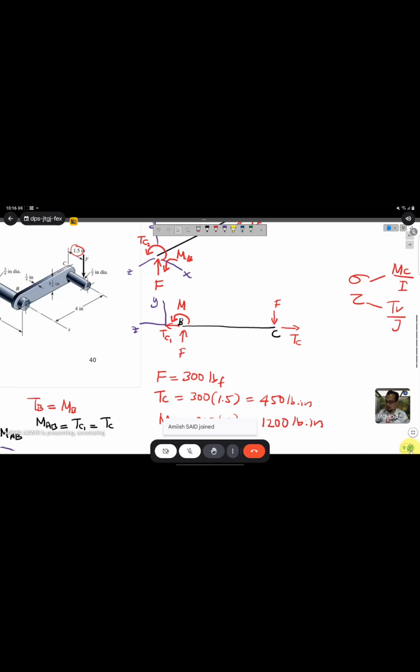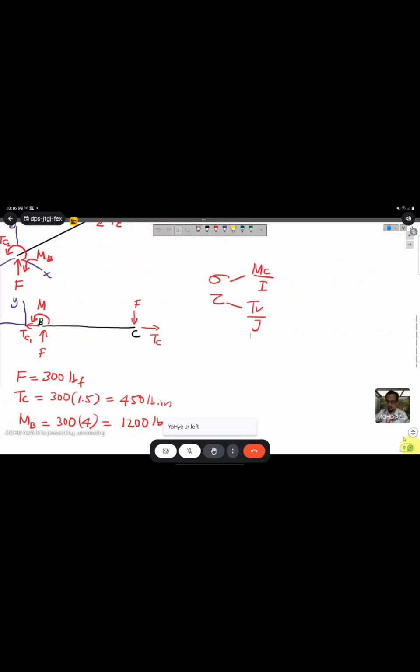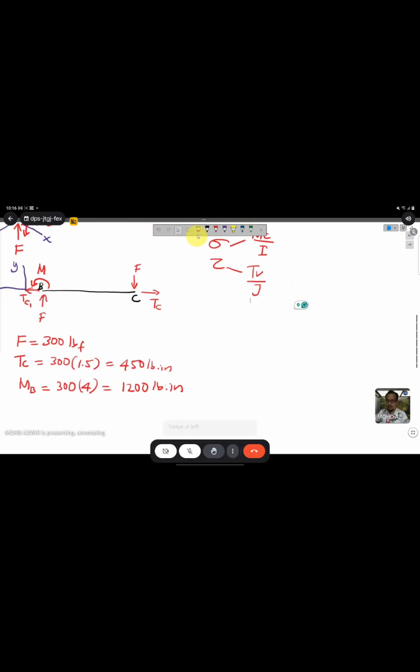So you need to draw the shear and bending moment diagram.